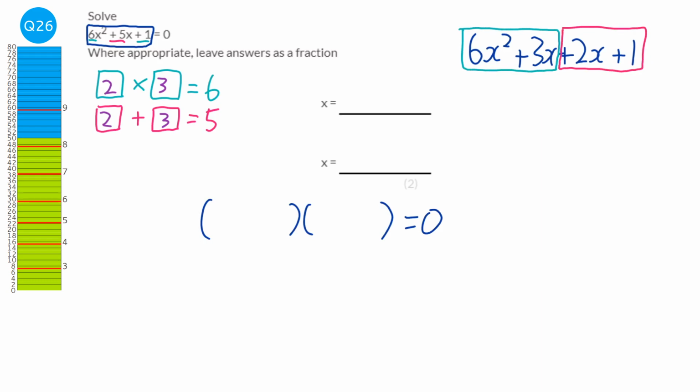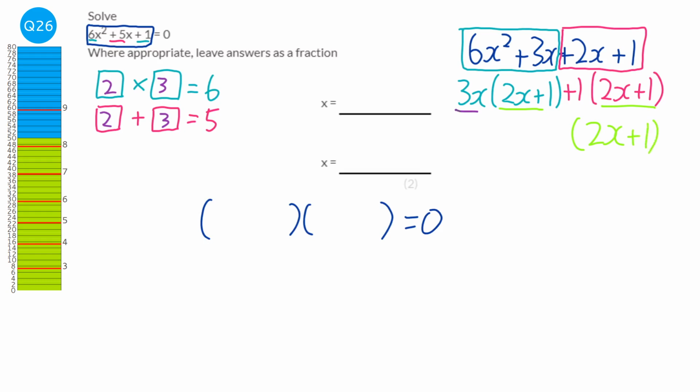So when we factorise the first two terms, we can divide out a 3x from both of them, and that leaves 2x plus 1. And for the second two terms, we actually can't factorise anything. Well, we can factorise a 1, that's what we'll do. And the repeating bracket is the second bracket, and then the bits on the outside come together to make our first bracket.